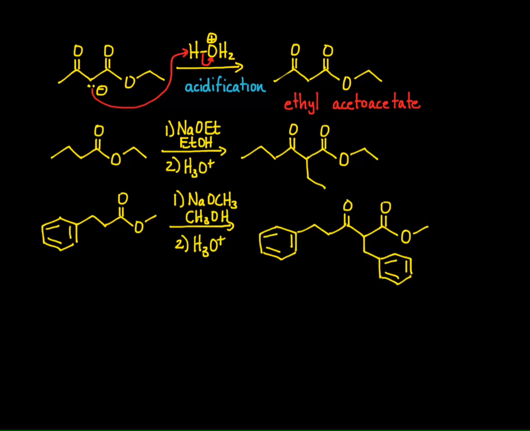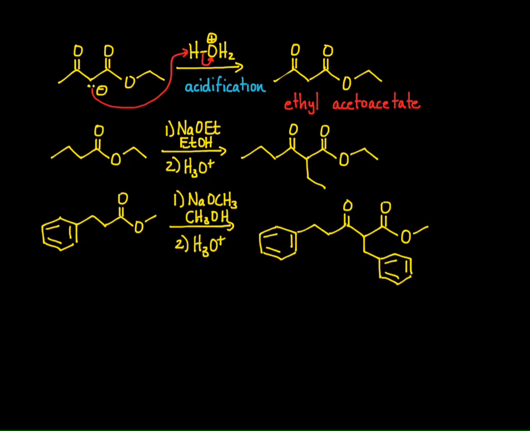All right, so that sums up Claisen condensations, and we're going to see now some modifications of those Claisen condensations, but this is a typical Claisen condensation reacting an ester in basic conditions to produce beta keto esters.